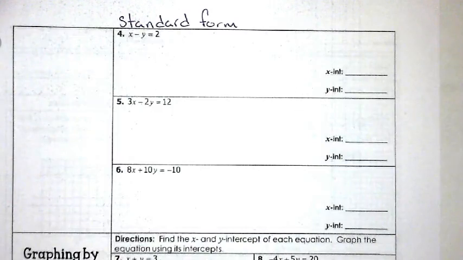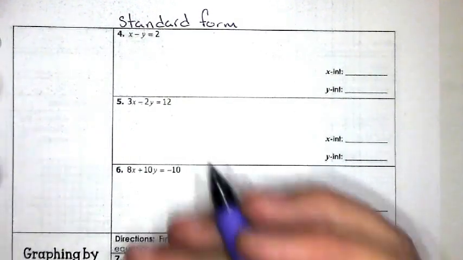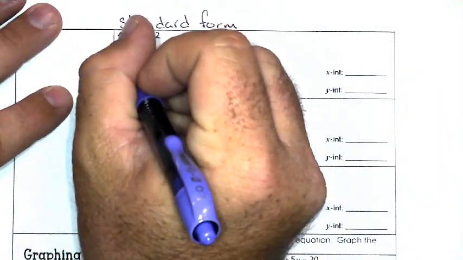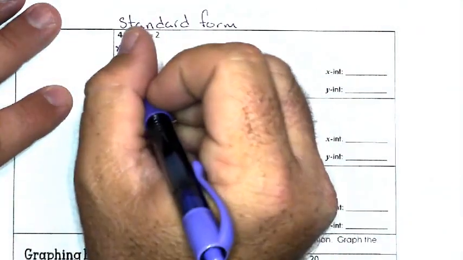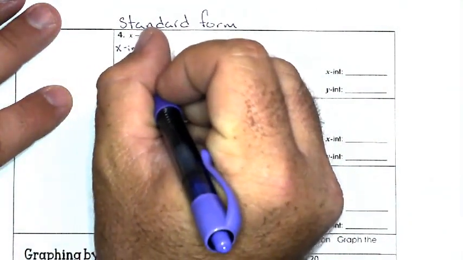However, your process does not change. If I'm looking for the x-intercept, I'm still going to substitute 0 in for the y. So I have x minus 0, which equals 2.